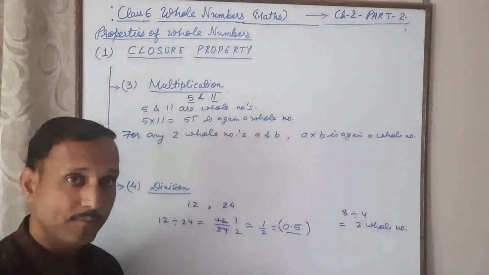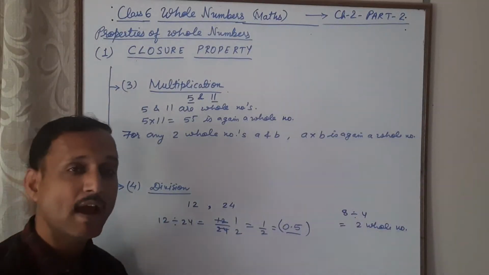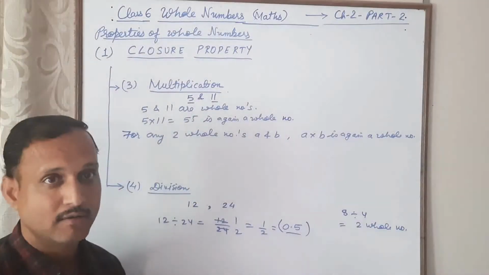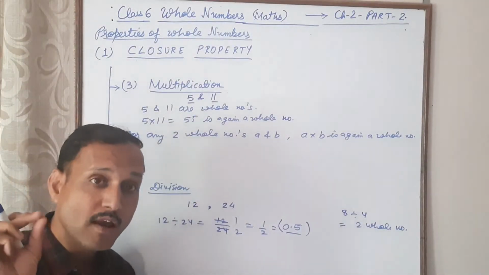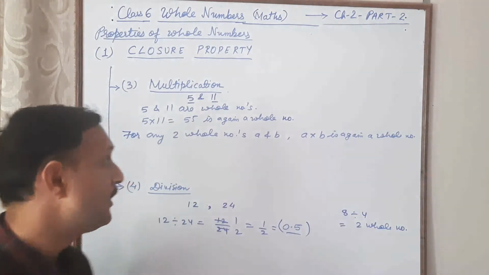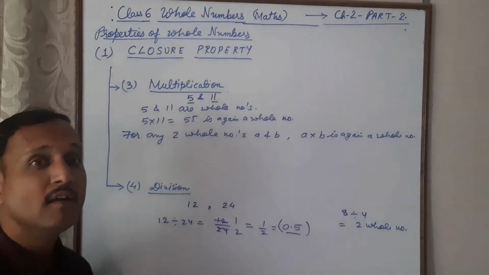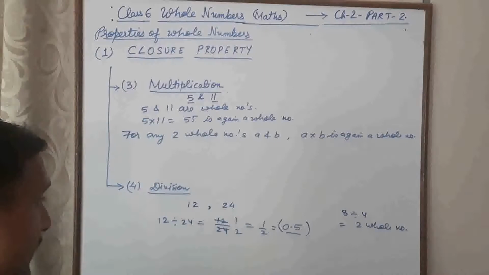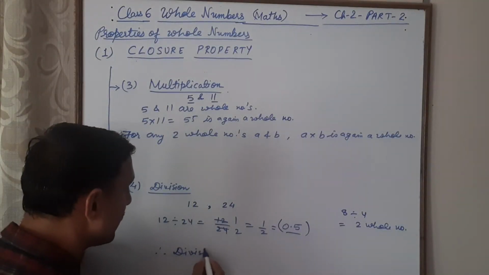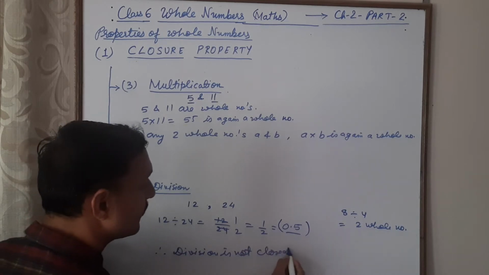Here, for so many numbers it is not happening that when we divide two numbers we get a whole number again. The property must hold for every number, then only it is called a property, otherwise it is not a property. So for so many numbers it is not forming, it is not closed for division. Therefore division is not closed for whole numbers.